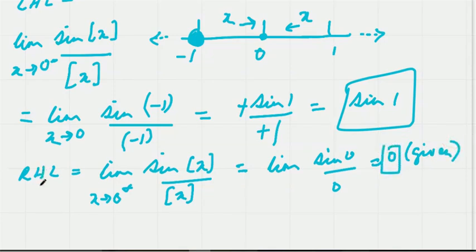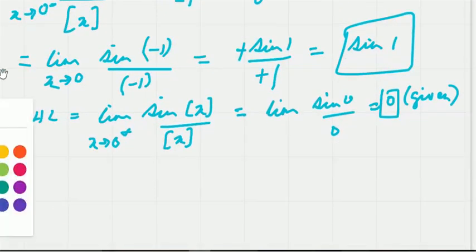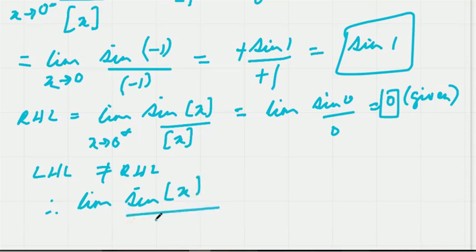So our left hand limit is not equal to right hand limit. Therefore, the limit as x tends to 0 does not exist.